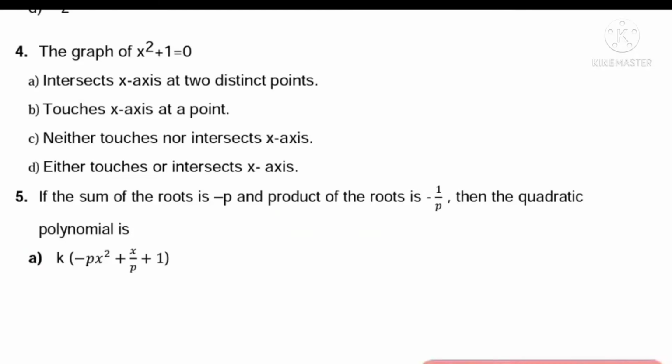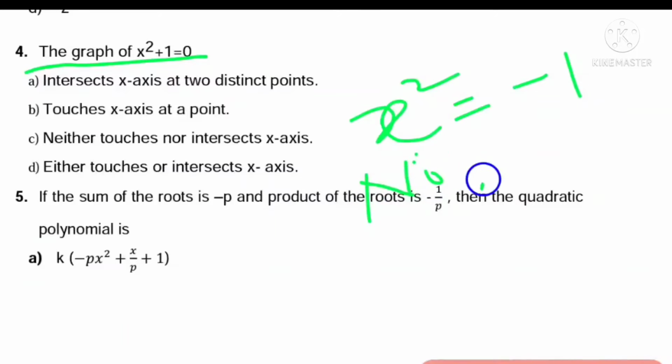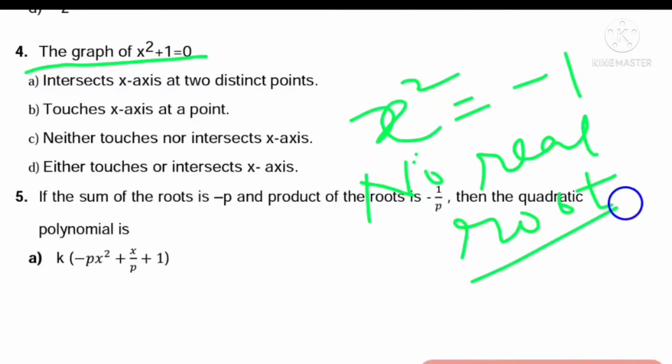Now question number 4 is: the graph of x square plus 1 is, if we do x square equal to minus 1, means it is not a real part, means we can say there is no real roots. Okay, we do not have any square number that is negative.